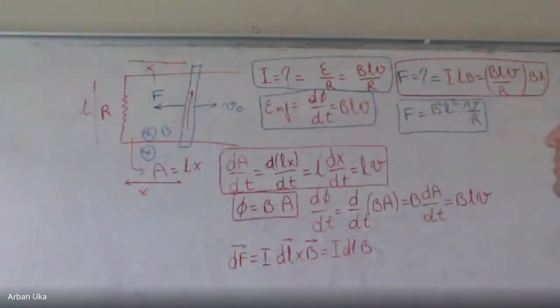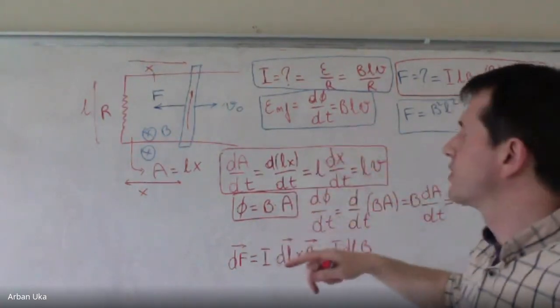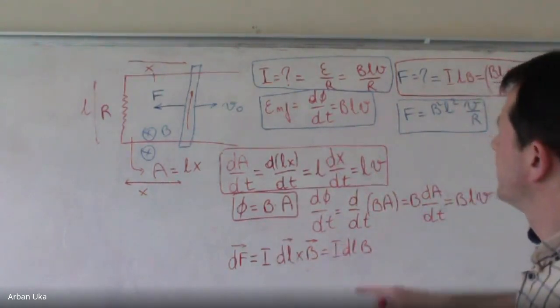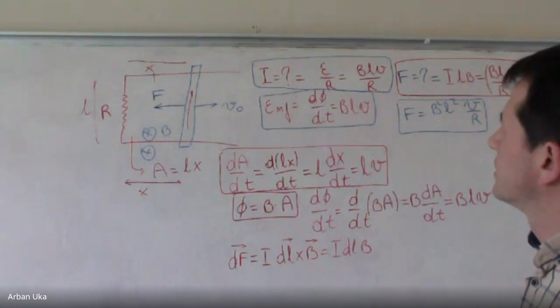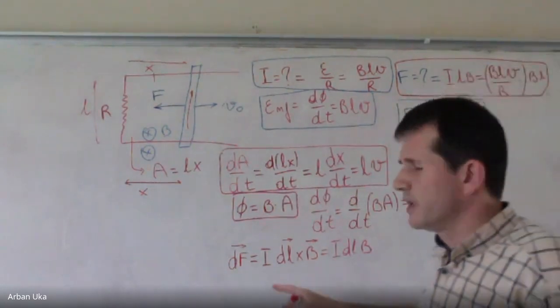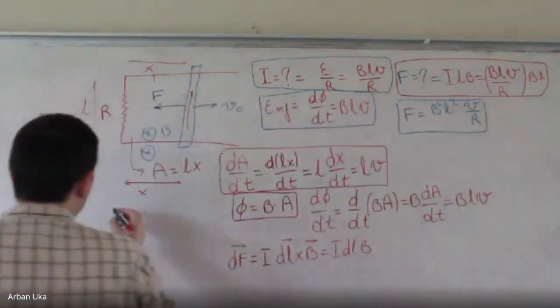The reason that it's going to point like this is the following. We first need to identify the direction of the current. It should be in the same direction as the force on the charges.